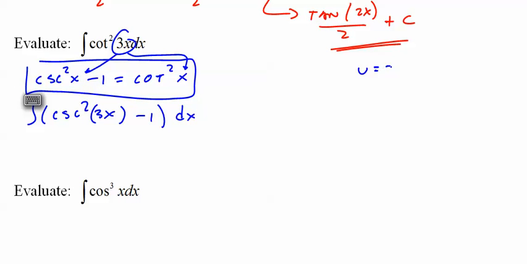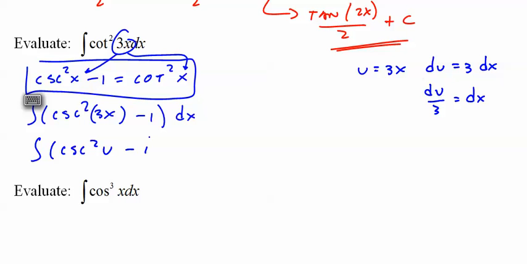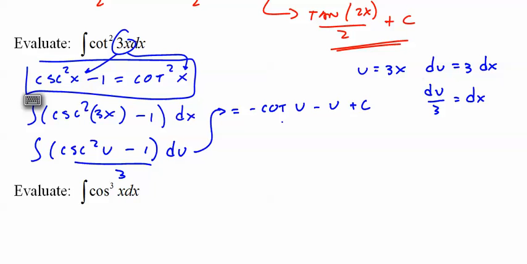U equals 3x. I have a lot of spacing issues when I do these problems, so watch out. Du over 3 equals dx. Integral of cosecant squared u minus 1 du over 3 equals cosecant squared is negative cotangent u minus u plus c.